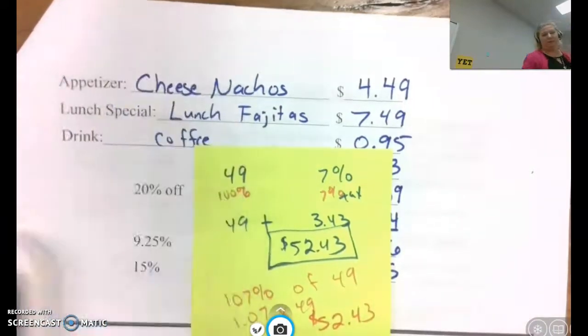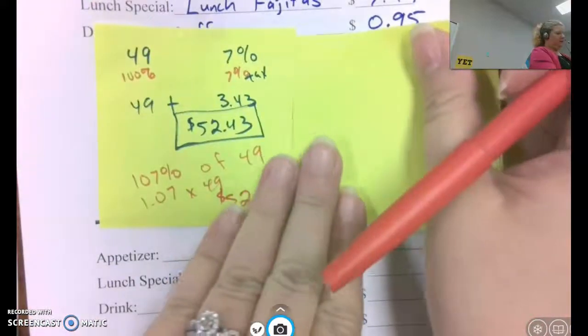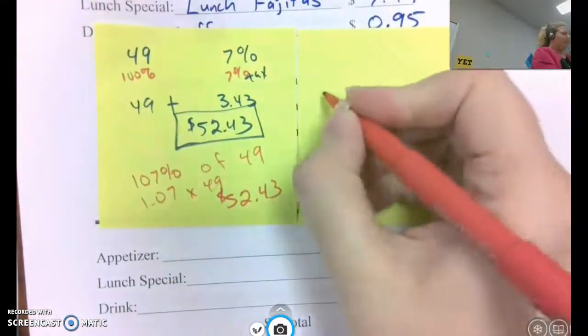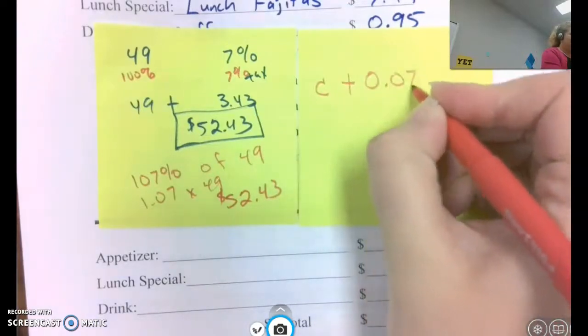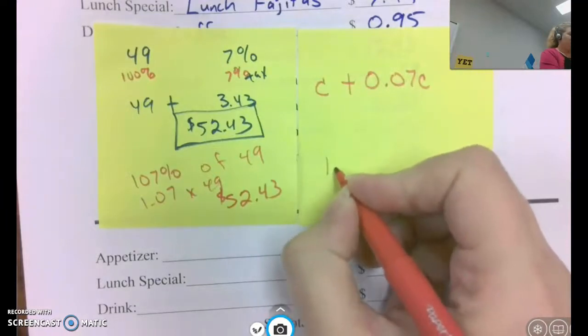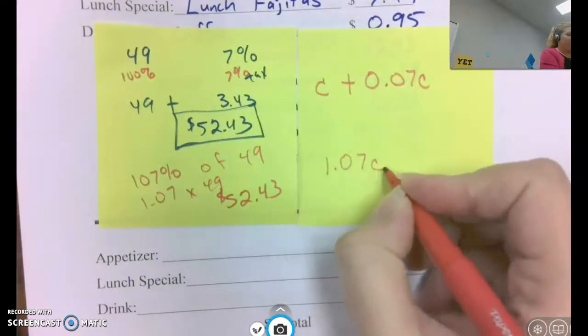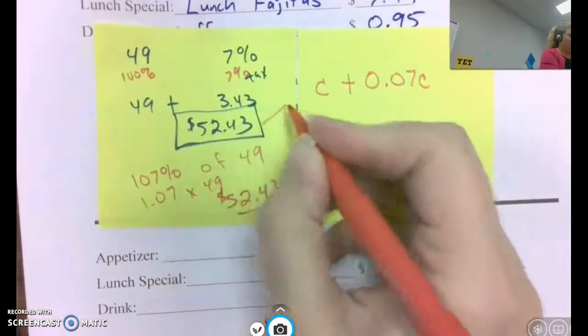Two different approaches, and that's where your expressions will come into play. We did those a couple days ago together. The two expressions: you could have the cost plus 7% of the cost, or you could do 107% of the cost. And you end up with the same result.